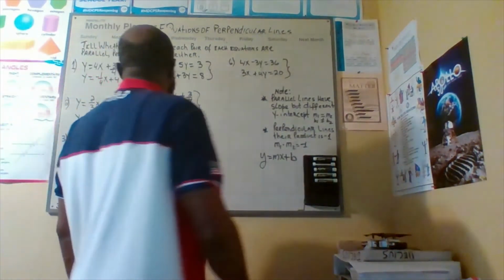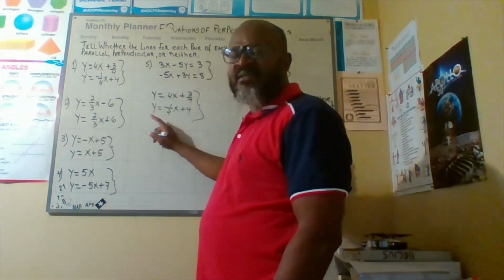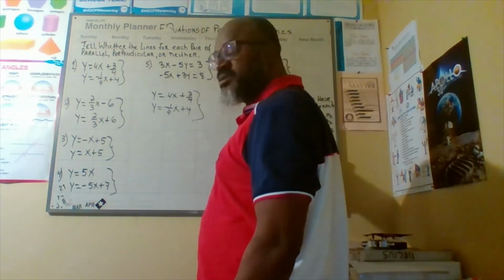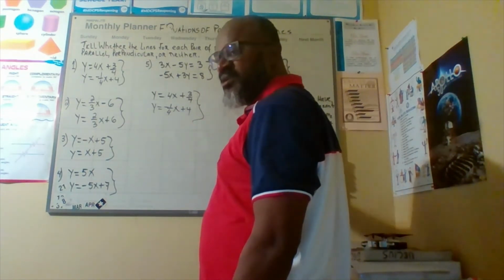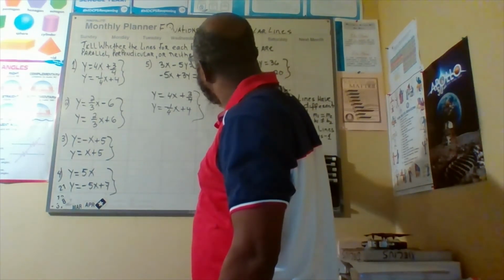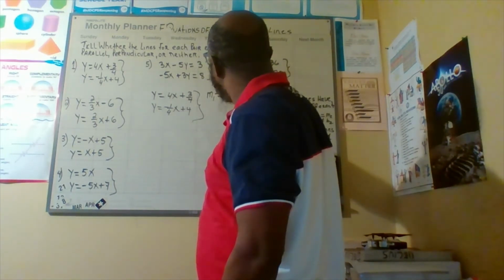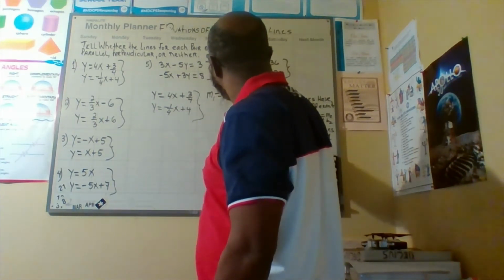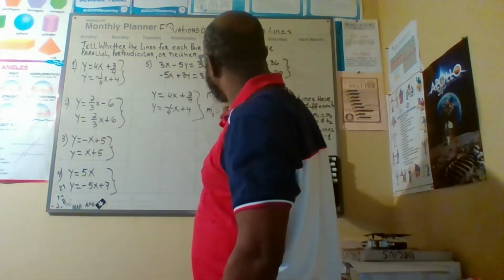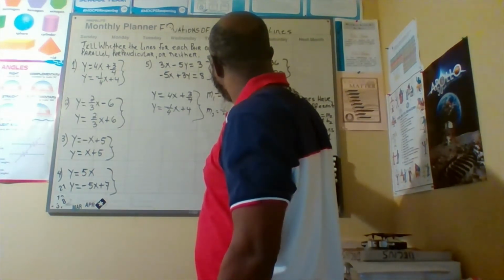Since both equations are in slope intercept form, we're going to identify the slope and the y-intercept. In this case, let's identify m1. m1 is 4 and b1 is 3/4. For m2, the slope is -1/4 and b2 is 4.